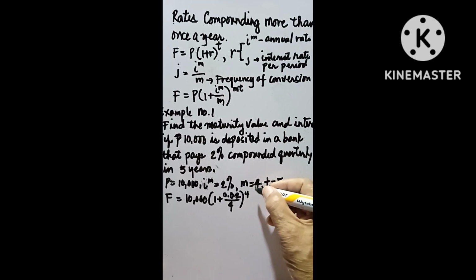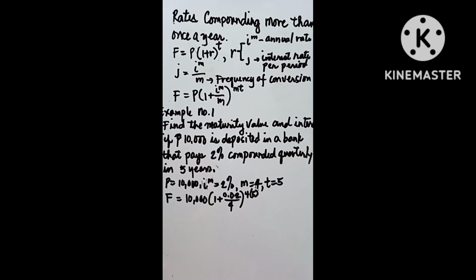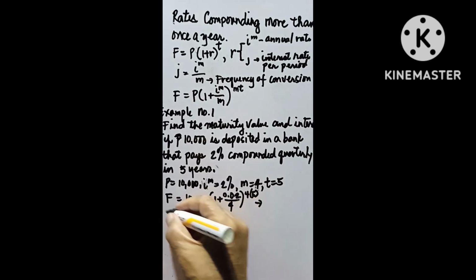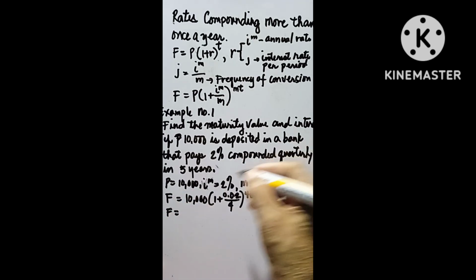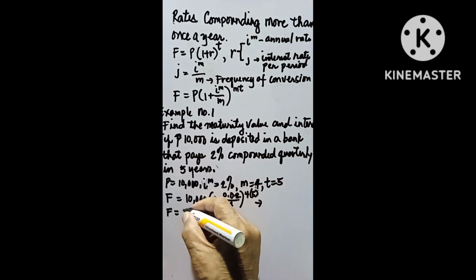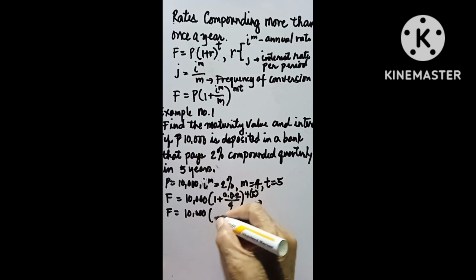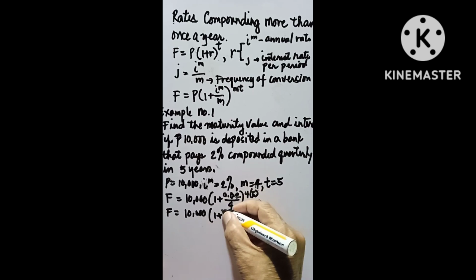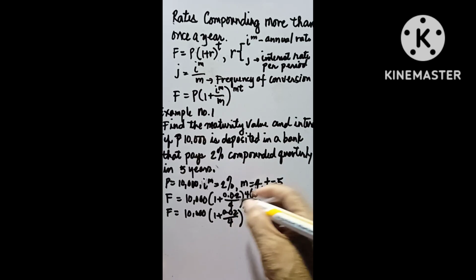Since we are talking of a quarter, 4 times 5. So here F is equal to 10,000 times 1 plus 0.02 divided by 4 raised to 20.